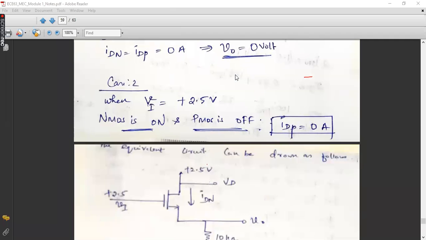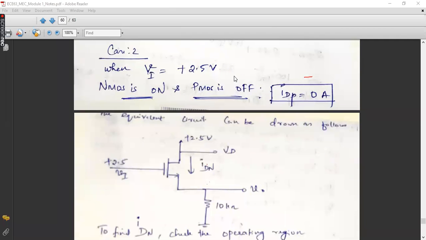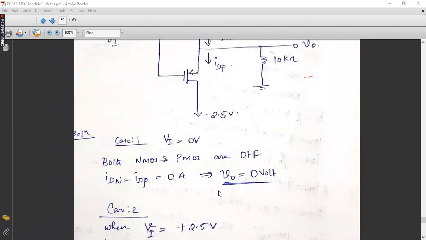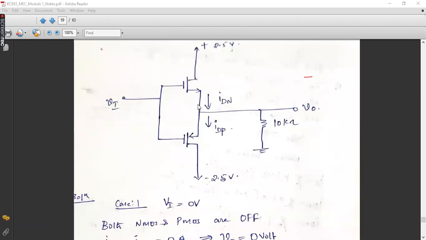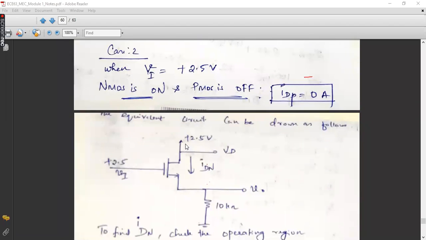Now draw the equivalent circuit. How did you draw the equivalent circuit? By considering the on state of NMOS. I have discarded my PMOS, and the drain is directly connected to 2.5 volt. That is nothing but your VD.